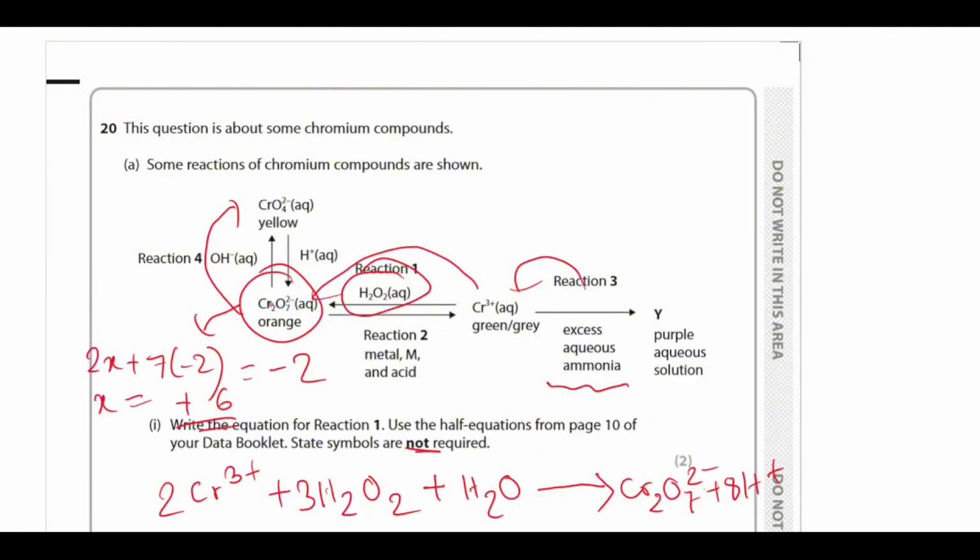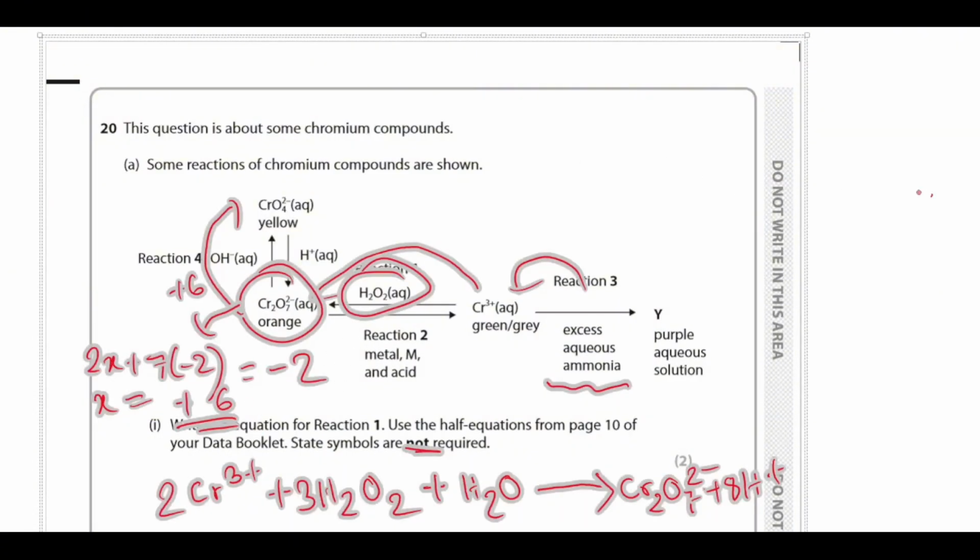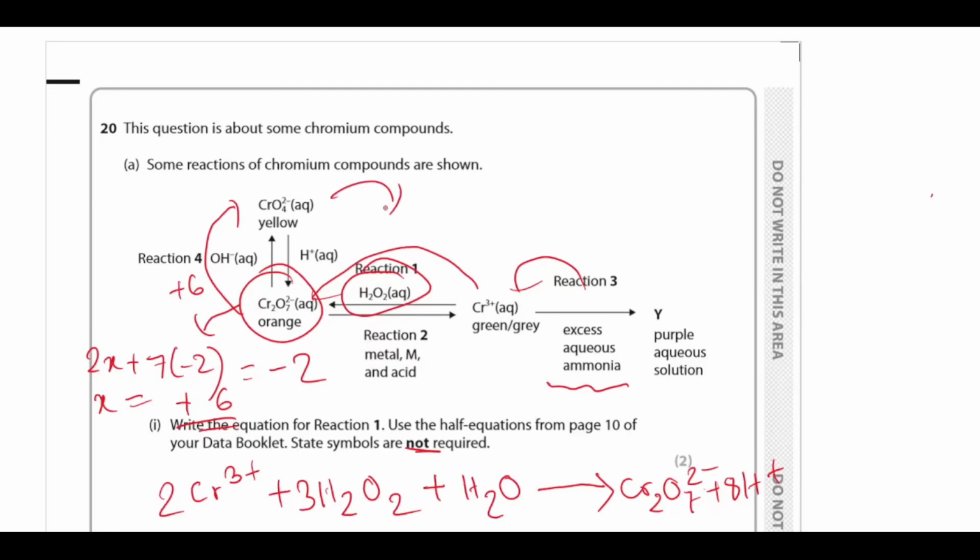So chromium's oxidation number is +6. If you calculate in this one as well, it's x plus 4 times -2 is equal to -2. So again it's +6 if you do the math.